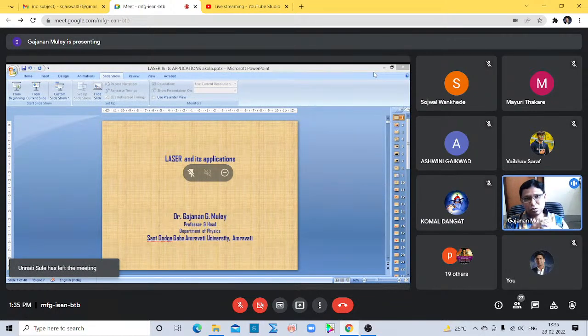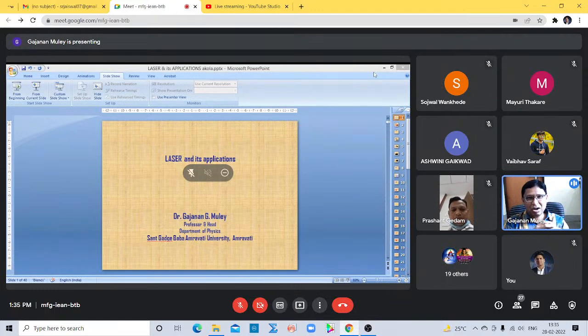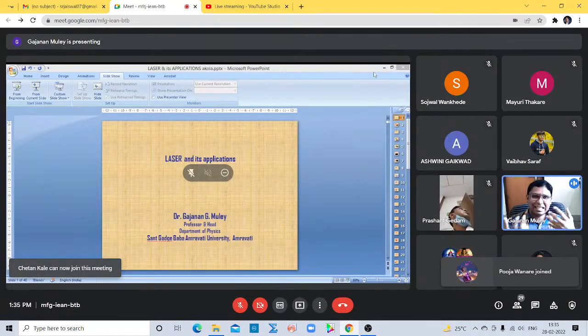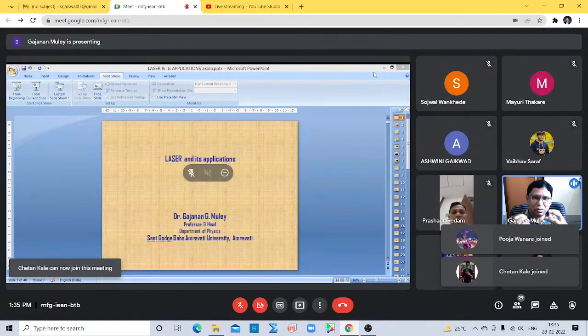You know the atom is composed of the nucleus at the center, with an electron cloud revolving around it. In actuality the atom is neutral, and if a photon is incident on that atom, the photon can be absorbed.